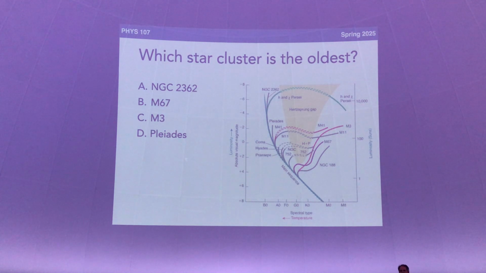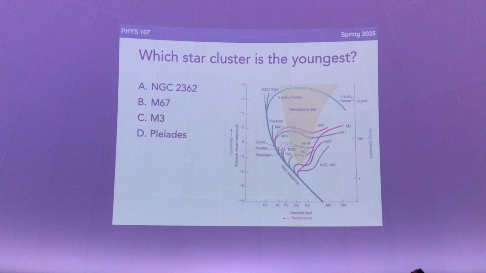So which one of these clusters is the oldest? Voting 1, voting 2, voting 3. The majority C, M3 is this guy, and he has the, he or she, I don't know, gendered cluster stars for no reason. And it stops all the way down there. So the further down the main sequence you are, the older you are. You all got that. Fantastic.